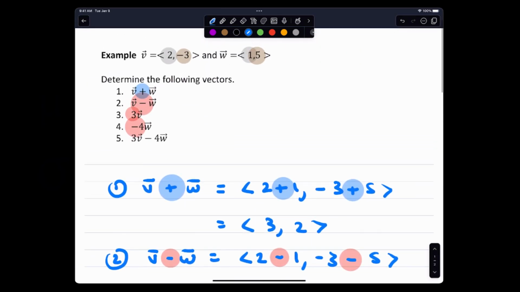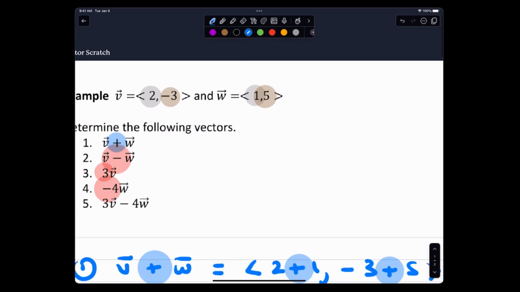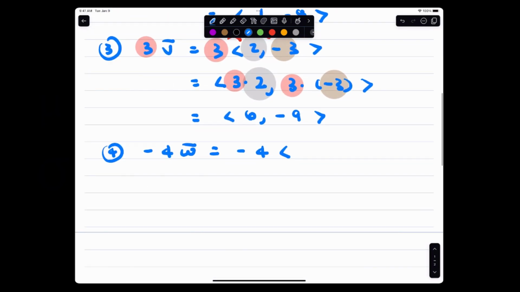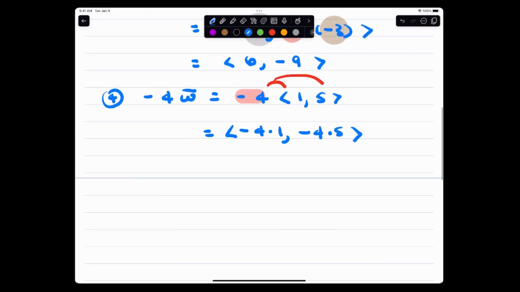What is vector w in our example? 1, 5. Is that true? So it's 1, 5. So here's going to be scalar multiplication. So with this scalar, I distribute. -4, 1. -4, 5. And then you end up with -4, comma, negative 20.